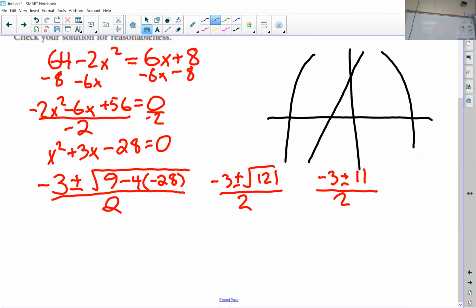So what are my two answers? Negative 3 plus 11 is 8, 8 divided by 2 is 4. Negative 3 minus 11 is negative 14, divided by 2 is negative 7.